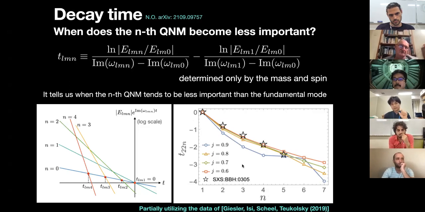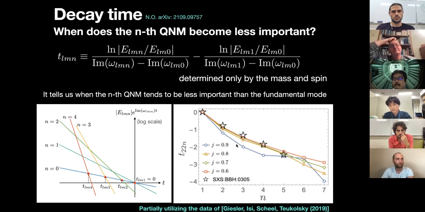By using the real amplitude, I computed when the nth quasi-normal mode tends to be less important. Those are well matched. This signal corresponds to a final black hole of spin parameter roughly 0.7 here.